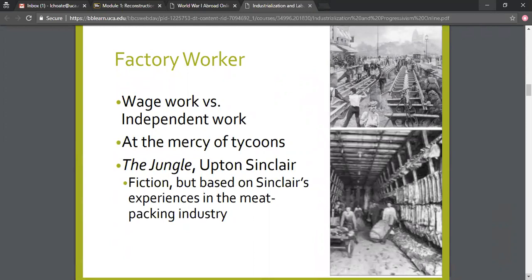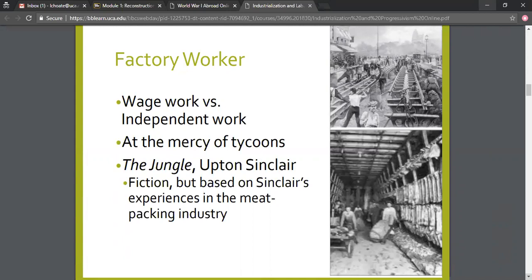This is described very well in The Jungle, which was a book written by Upton Sinclair. It's technically a work of fiction, but it's actually based on his experiences in the meatpacking industry. He was a journalist, and he decided to go and work in the meatpacking industry for a while to really get a first-hand account of what it was like to be in this situation.